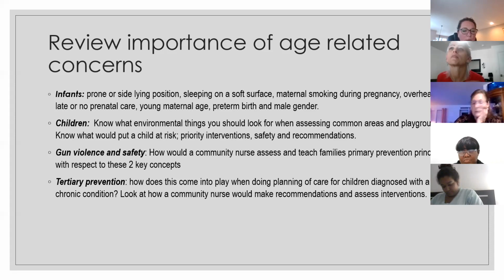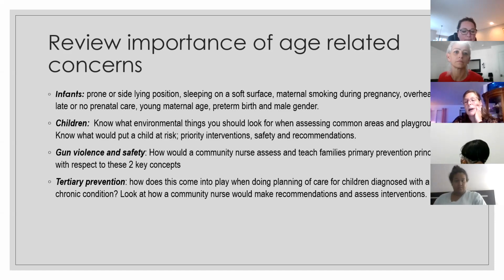All right, so when we're looking at children, we're going to look at playgrounds. What kind of things on a playground are we going to look for? Maybe soft areas, not like concrete or something, safe. Good, we're going to look for gravel because that's softer than concrete. Good, Mona.